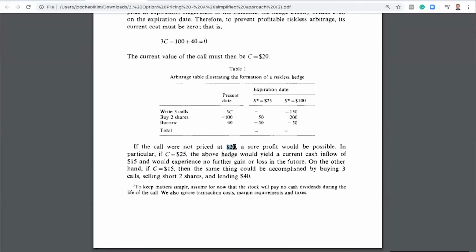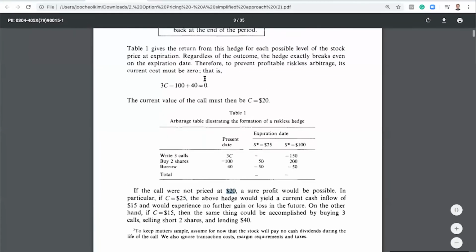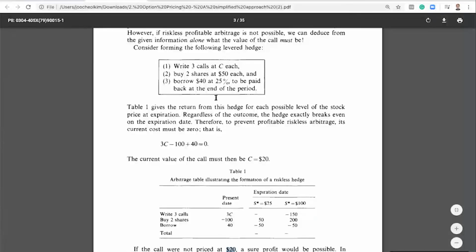Oh, that's great because it's expensive. It's higher than the no arbitrage value. Then you are going to sell. So actually, this portfolio sells 3 call options.